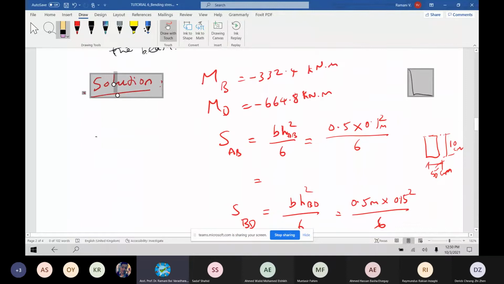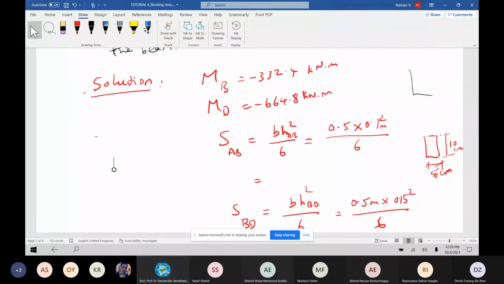Can you find out the answer? What's the answer? Sectional modulus at AB, the property of the section, is given by how many?